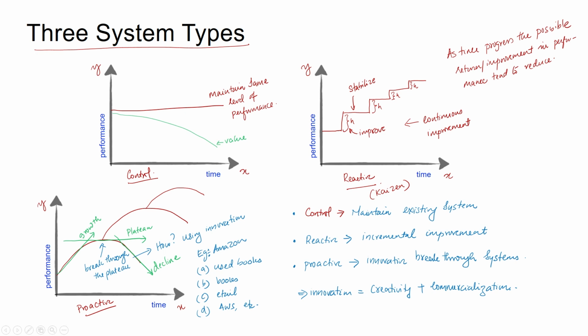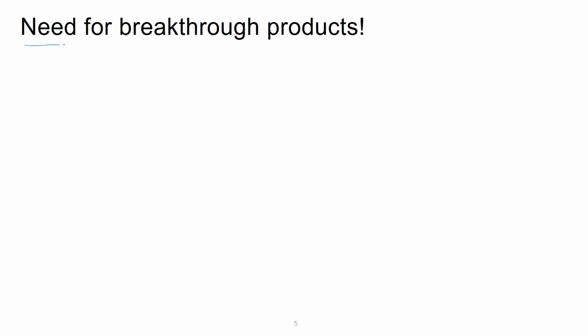The logic here is that we break through the plateau, the ceiling, and move into a new system by combining creativity and commercialization. This is how the systems are broadly classified. Now, what is the need for breakthrough products? Let us discuss that now.